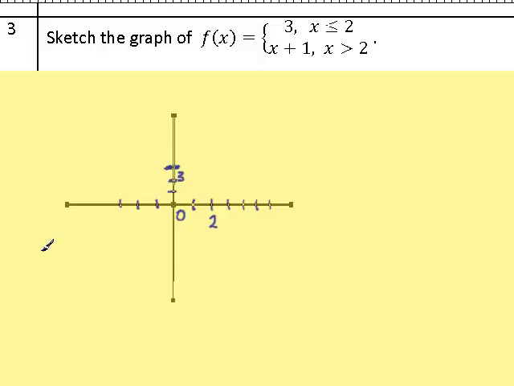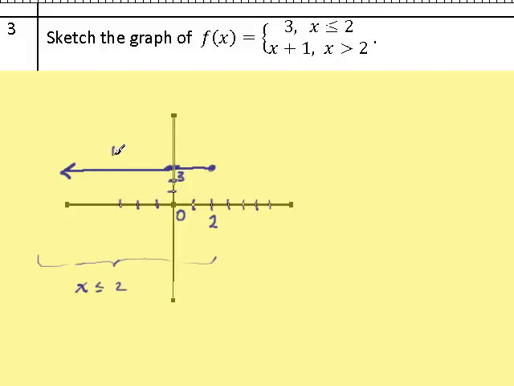Here's the piece of the x-axis that is x less than or equal to 2. So just along here, up to 2, and including 2 because of this less than or equal to. So we're going to have a closed dot here. So there's our horizontal line.